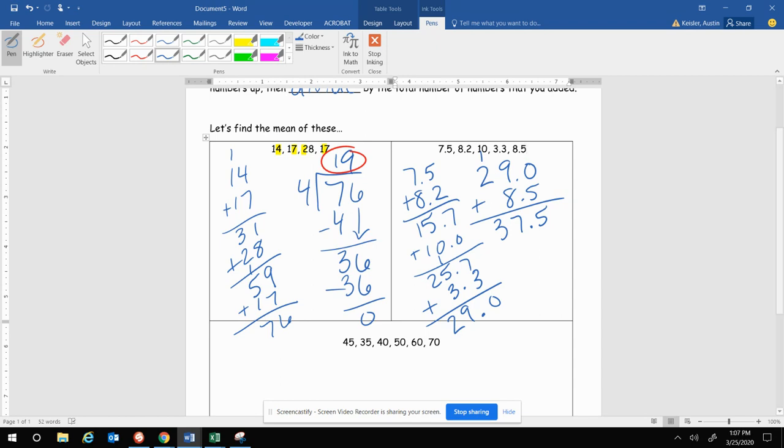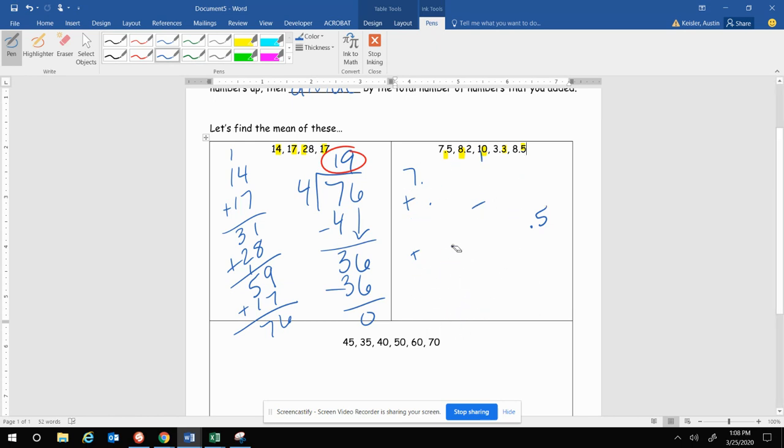Now I've got to divide by the total number of numbers I just added up. Well, I have 1, 2, 3, 4, 5 numbers I just added together. I'm going to erase this addition just so we have some space here. But I'm dividing 37.5 divided by all those numbers, which we just said was 5.